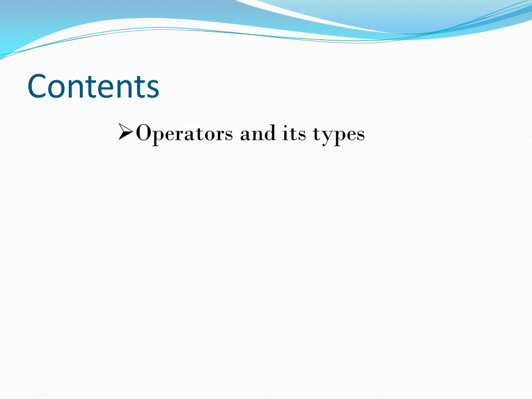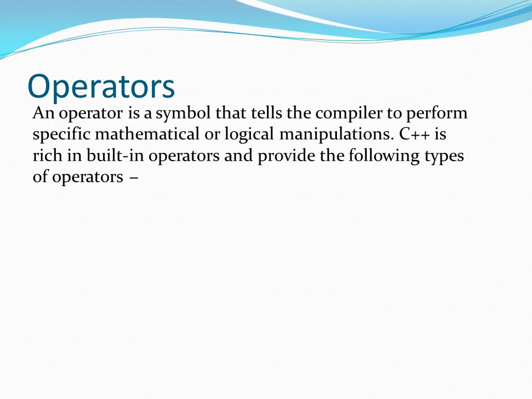In this, we will cover the contents, operators and its types. Now, first, operators. An operator is a symbol that tells the compiler to perform specific mathematical or logical manipulations. C++ is rich in built-in operators and provides the following types of operators.